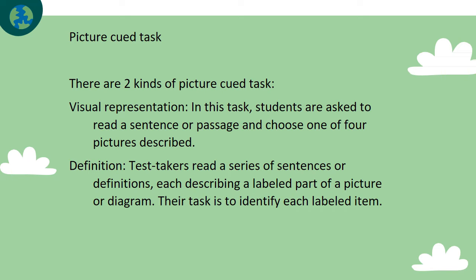It should not say students are asked to; instead, the test taker is asked to read a sentence or passage and choose one of four pictures described. So it has similarity with the multiple choice assessment. The difference is the answer is a picture instead of writing.